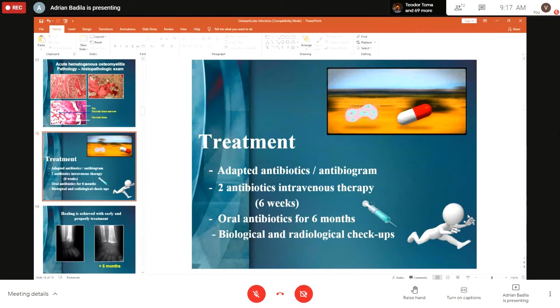This is why we are so obsessed by all these antiseptic measures in orthopedics. And of course, we will call the patient for biological and radiological periodical checkups.